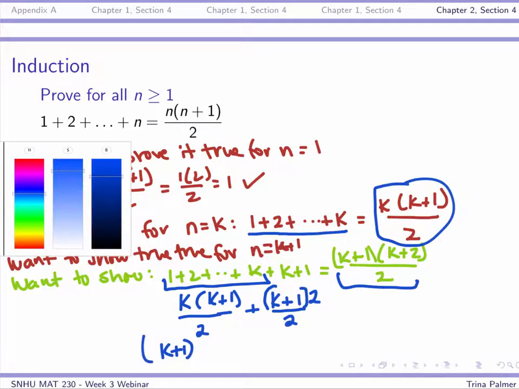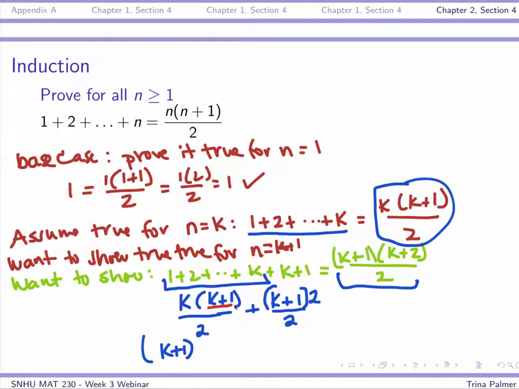If I take a k plus 1 out of this side, I'm left with this k. If I factor a k plus 1 out on this side, I'm left with the 2. When you add fractions together, the common denominator stays. I get k plus 1 times k plus 2 over 2, which is what I was trying to show, and thus I am done.